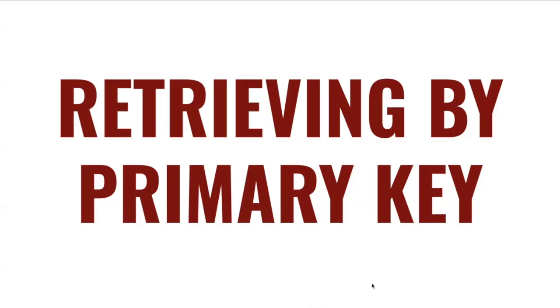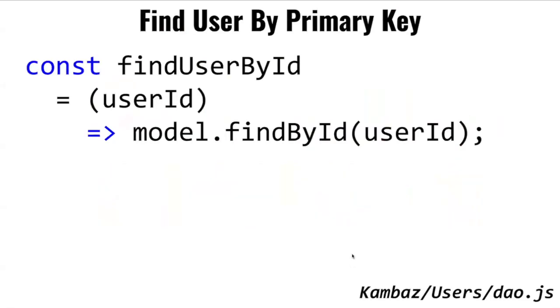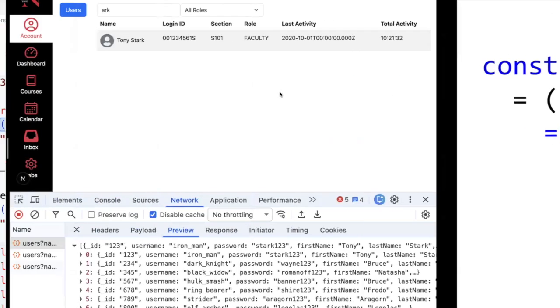Another very common use case when interacting with a collection of records is to retrieve one record by its primary key. I believe we already have this in the DAO, where we are filtering our records by ID. Let's make sure we do.